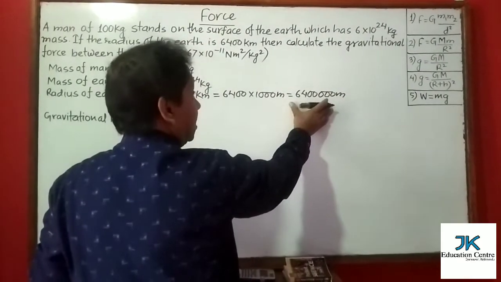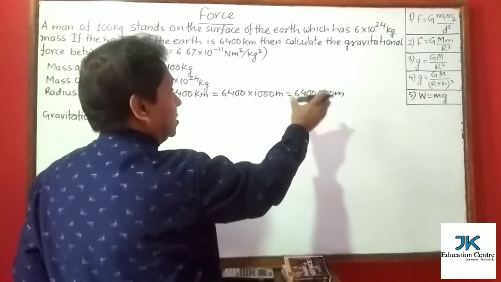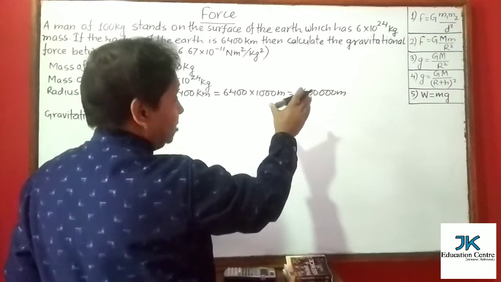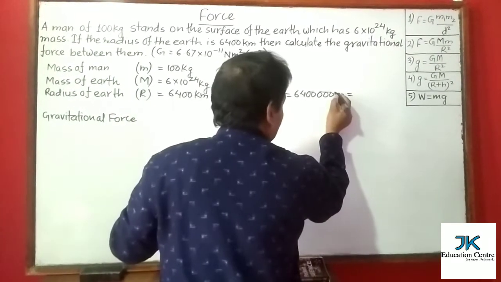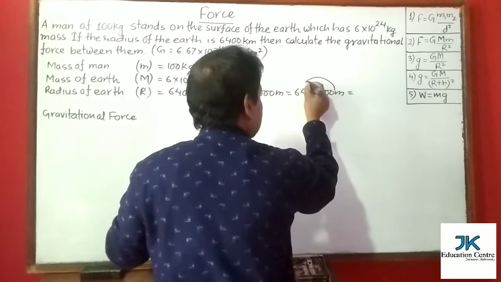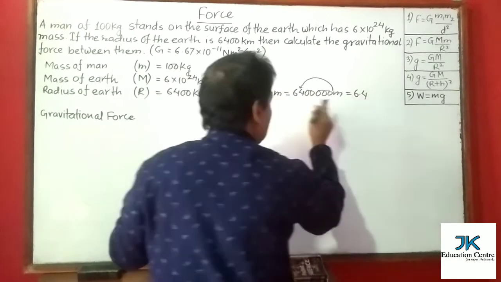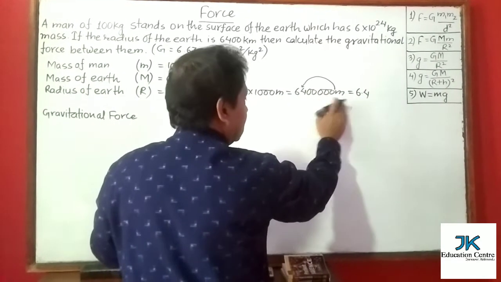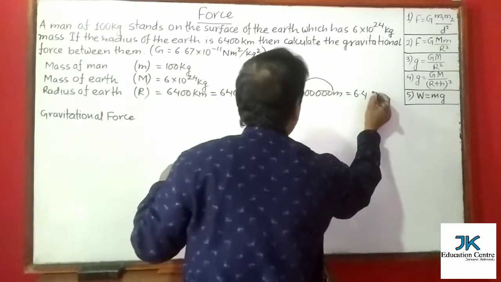This much big number is usually not used in numerical problems. I want to convert it into 10 to the power something. Look at this. Here we have the decimal point. If this decimal point is shifted to this place, we can write 6.4, and after 4 there are only zeros, that's why I want to ignore them.